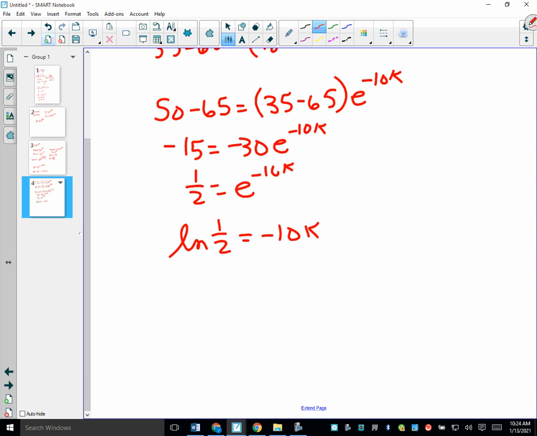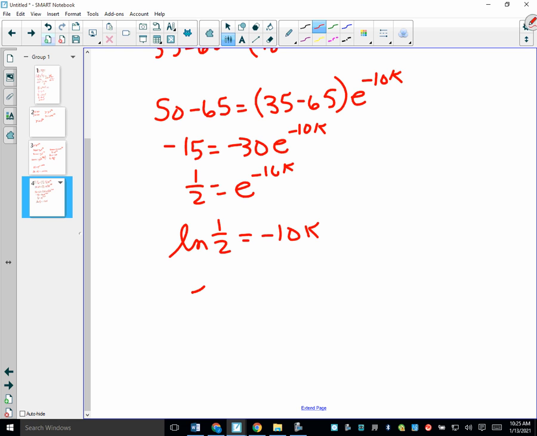You mean that K has to be negative at the end? Yeah, because it's going down, so k needs to be negative. That's why I put negative in the equation. So when I get K equals, it's not negative? Right. But when I put it in my equation, I have to put it in as negative. What did you get for K?